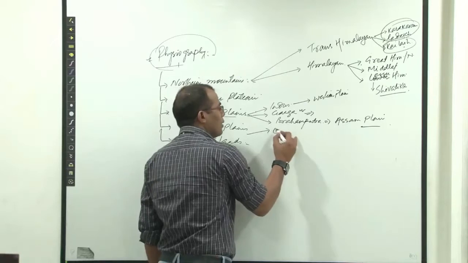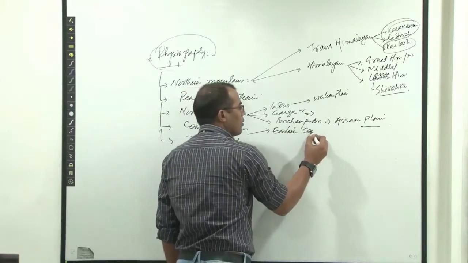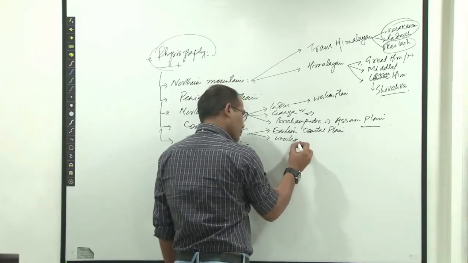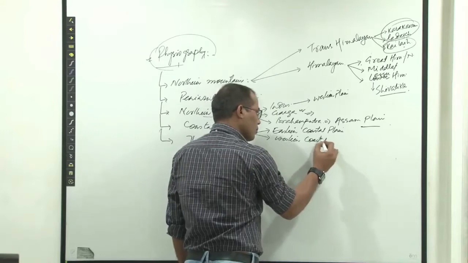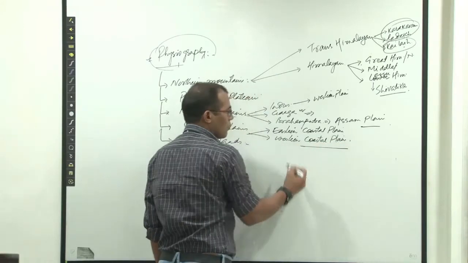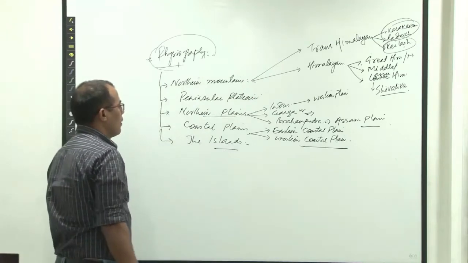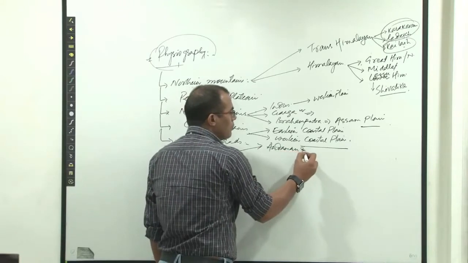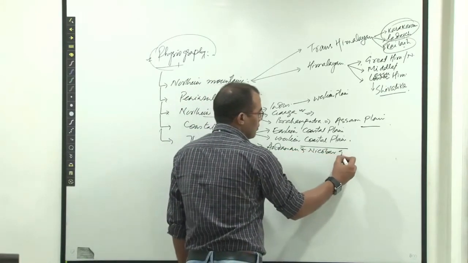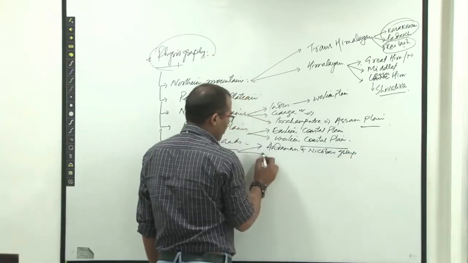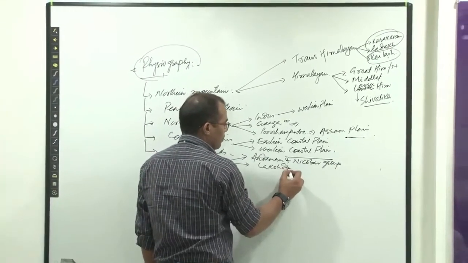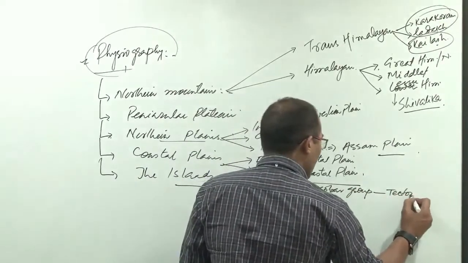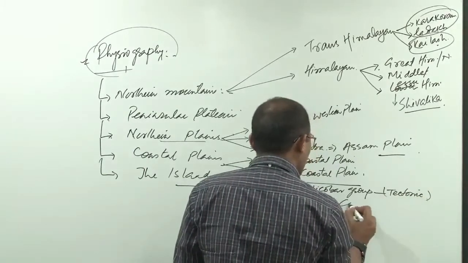Coastal plain, we have eastern coastal plain and western coastal plain. Islands, the Andaman Nicobar, then we have Lakshadweep. Tectonic in nature, coral reef.